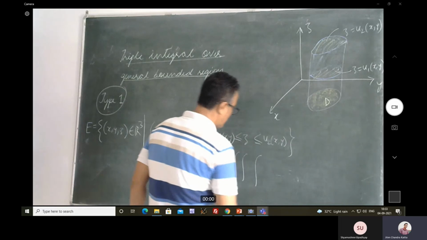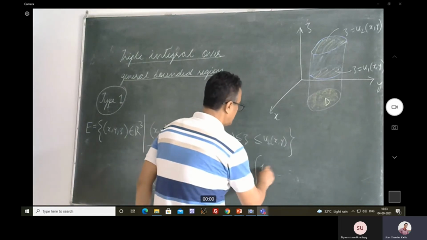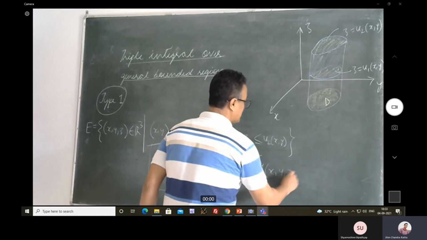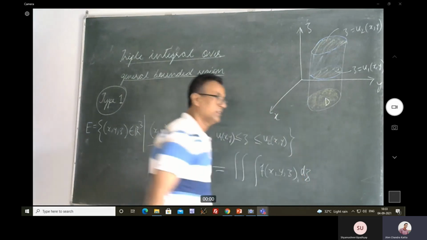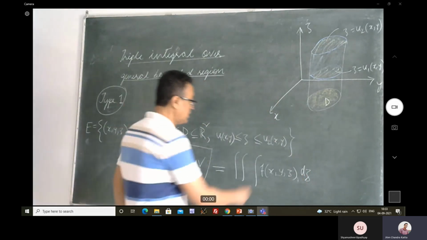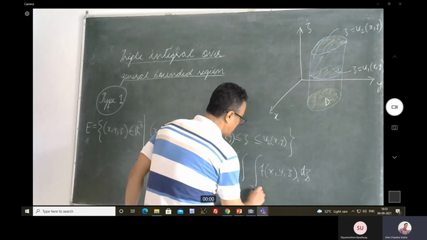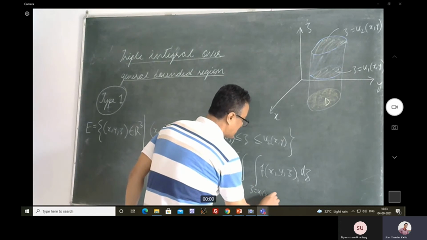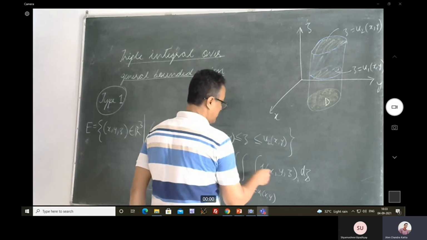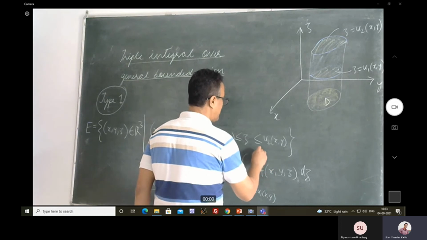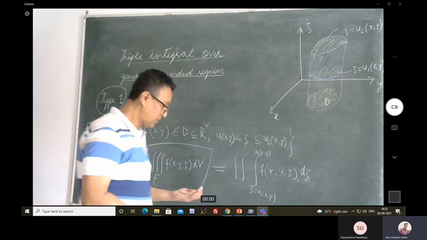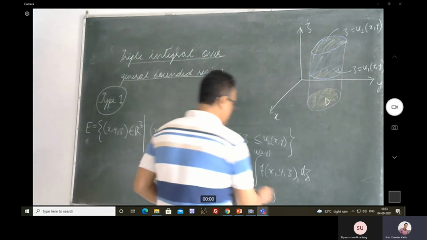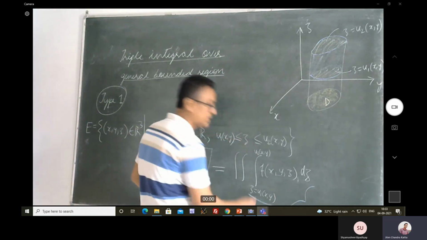Firstly, this f of x, y, z we are going to integrate with respect to z, where z is going to lie between two surfaces. So z will be bounded by these two surfaces.